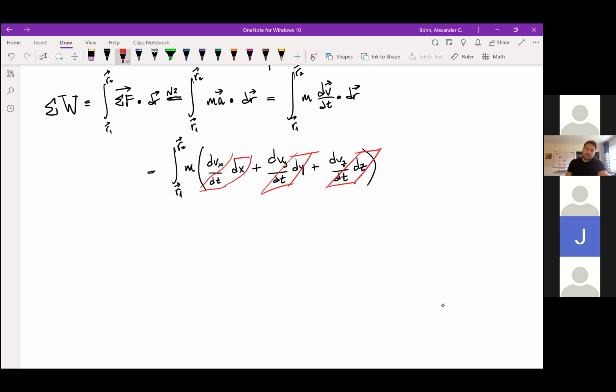And this integrand is not tagged anymore for the original variable.